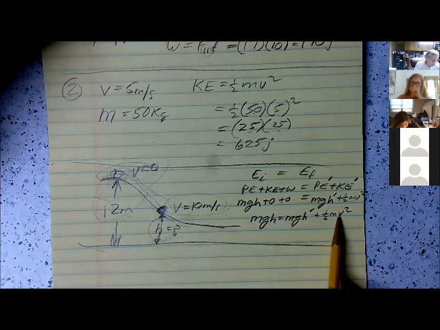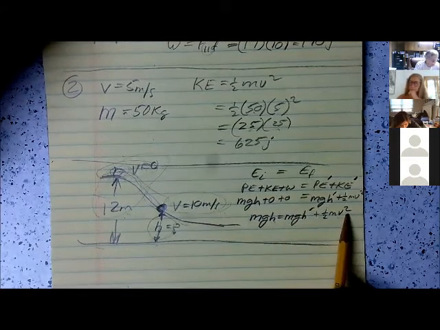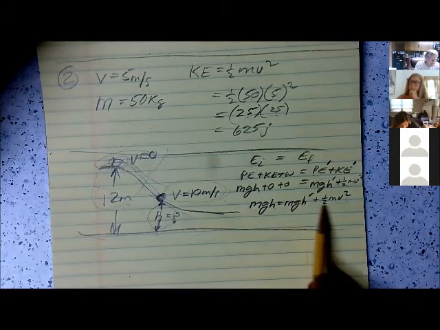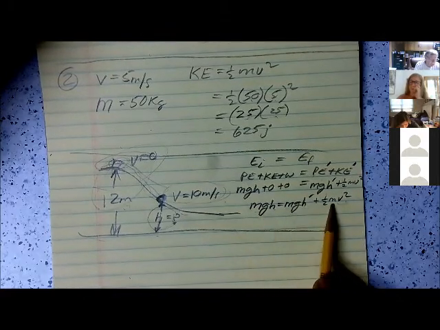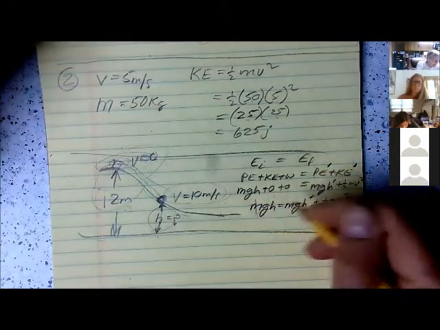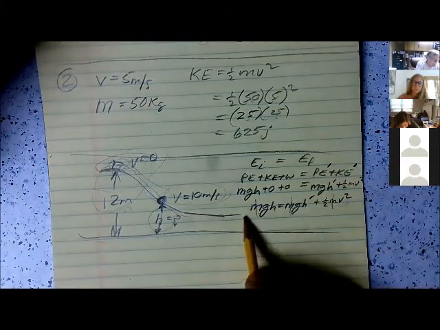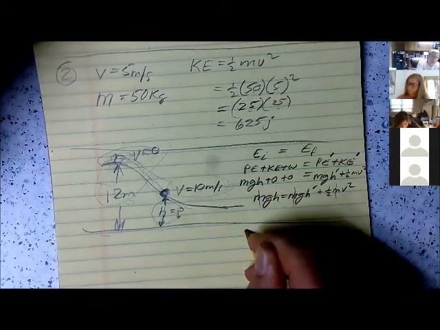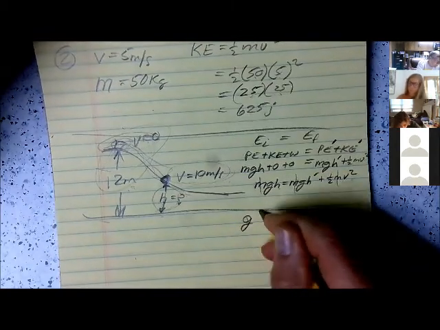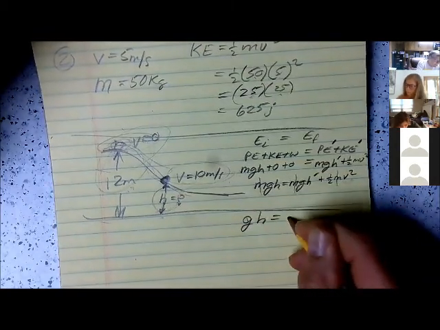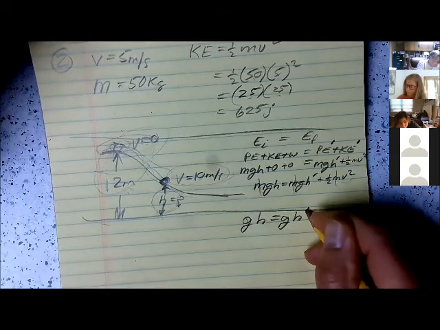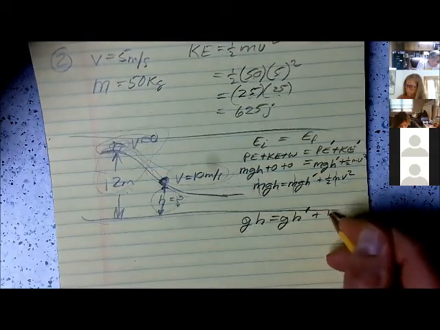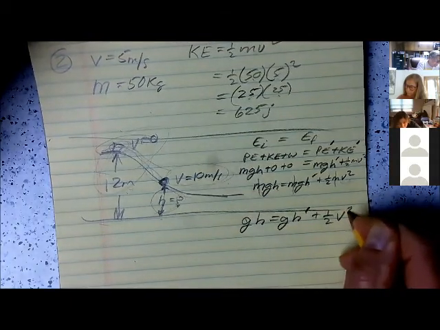There's only one v, not much I can do with that. But each term has an m, so I can cancel the m's. Divide both sides by m. And now I wind up with gh equals gh prime plus 1/2 v squared.